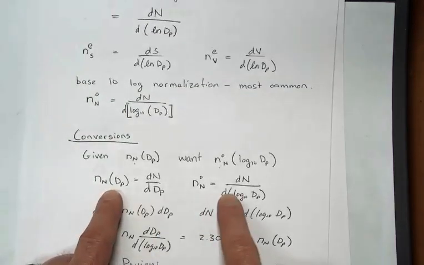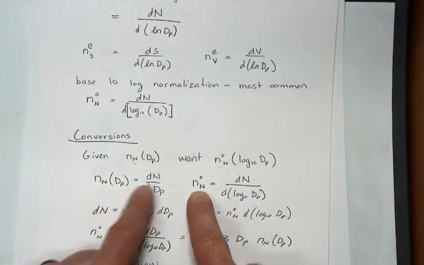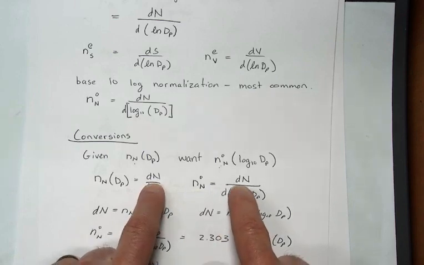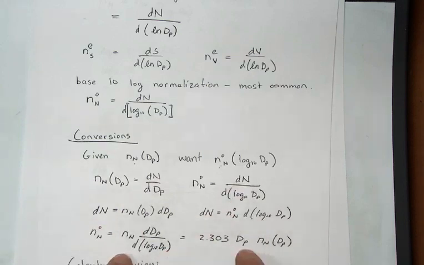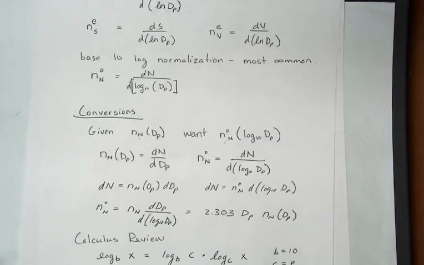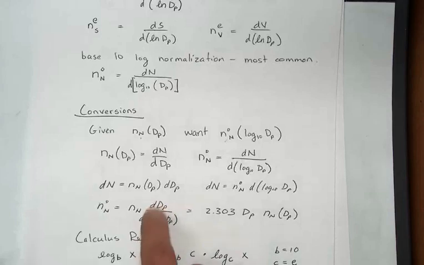Here are the definitions of the distribution functions, and they share in common the differential number of particles. And so by solving for that on both sides, equating them, we can get the relationship, and then there's usually a little bit of calculus to get these kinds of ratios of differentials.